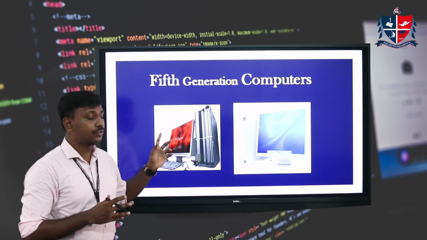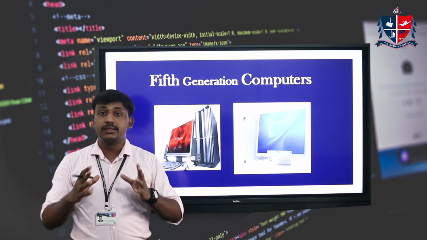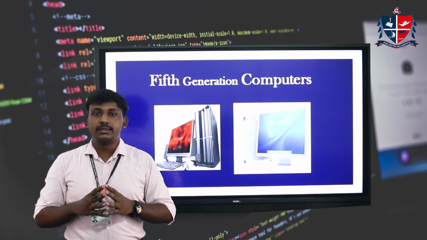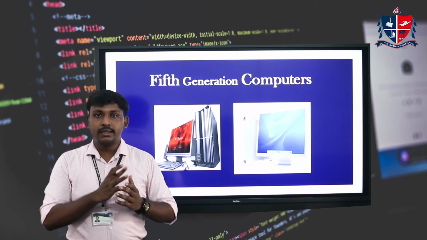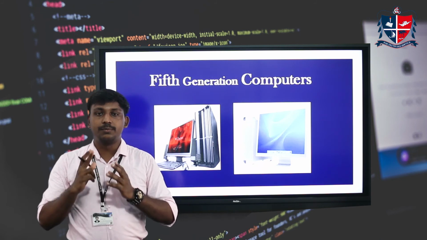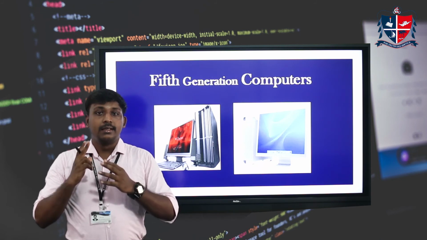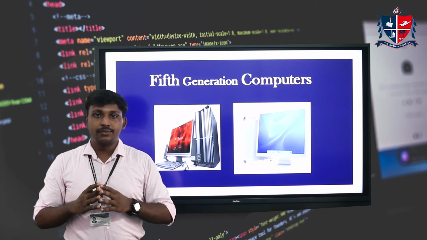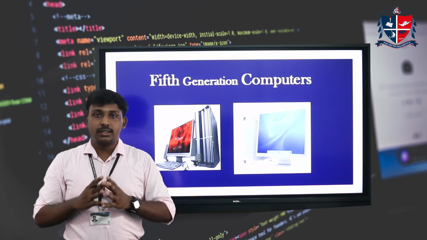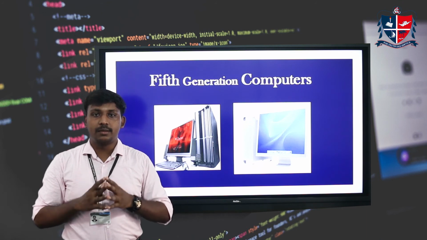Coming to the fifth generation of computers, those are the workstations and supercomputers that exist till now. We are using integrated circuits, microprocessors, then GPUs, graphical processing units, RAMs, etc. We have a complex architecture nowadays, with complex building capacity.